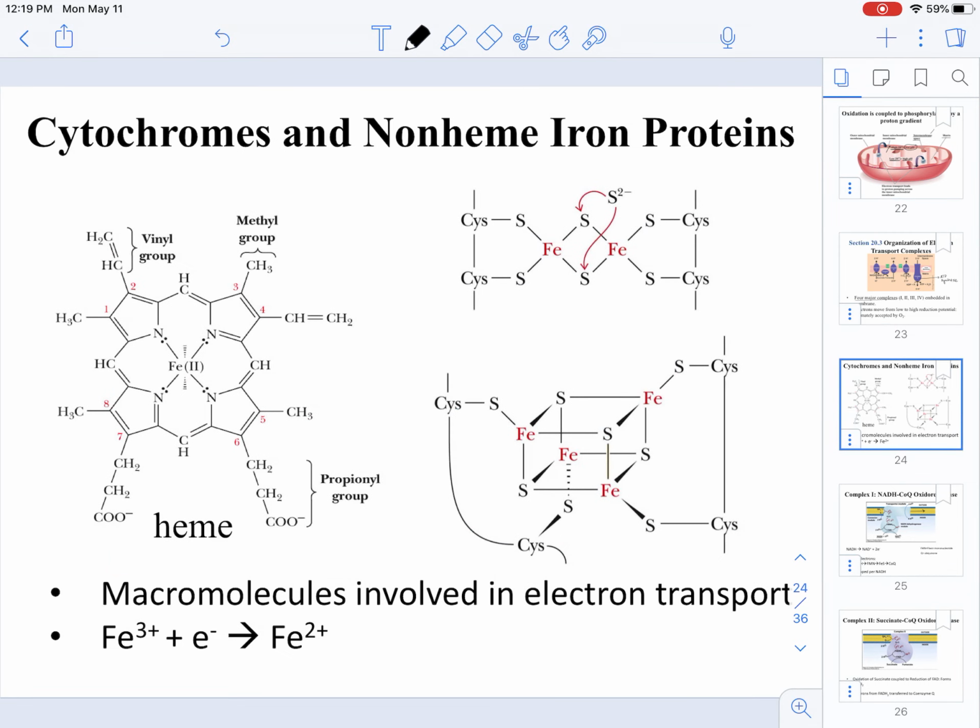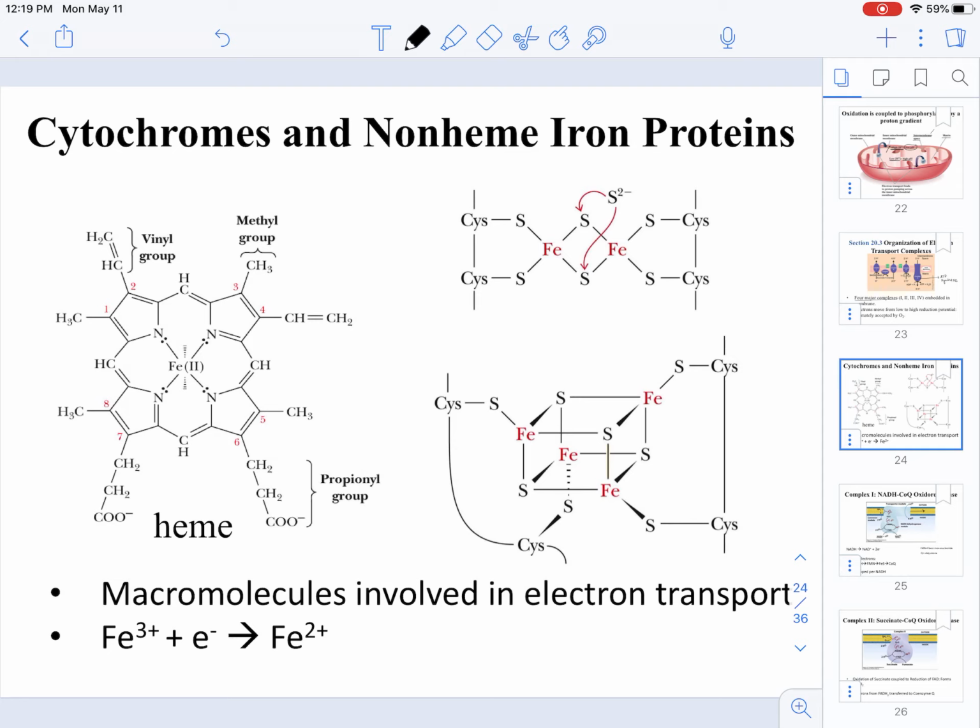So, understand that we are going to be observing cytochromes and non-heme iron proteins doing the transporting of the electrons in this system. Okay. One that is not illustrated here is coenzyme Q or ubiquinone. But understand that cytochromes, non-heme iron proteins, and ubiquinone are the ones that are going to be doing the transporting of the electrons.